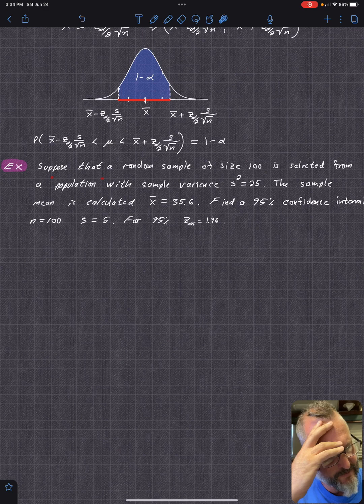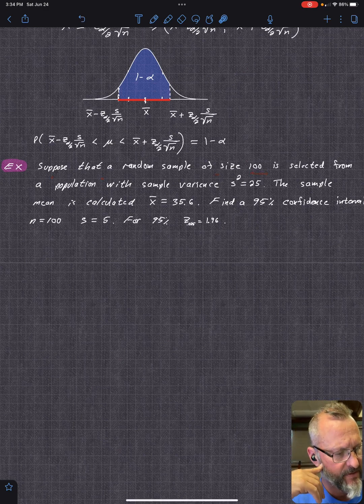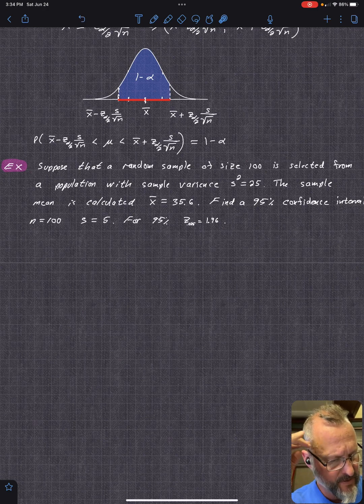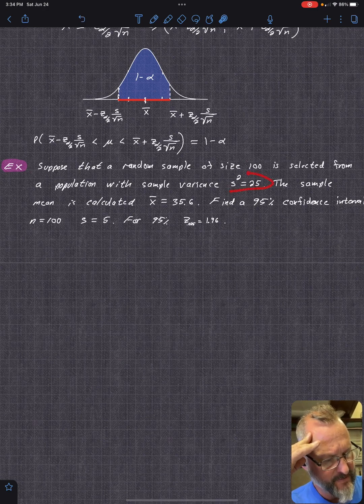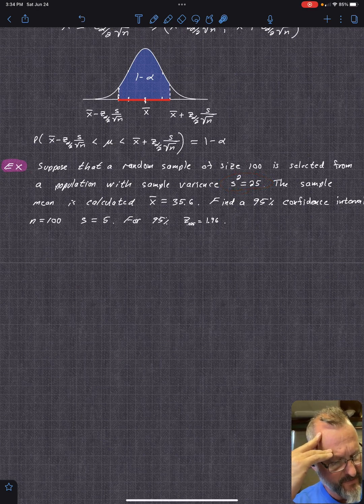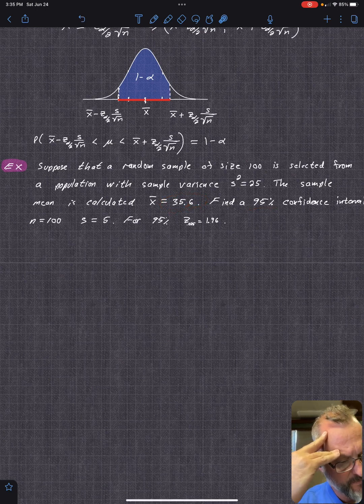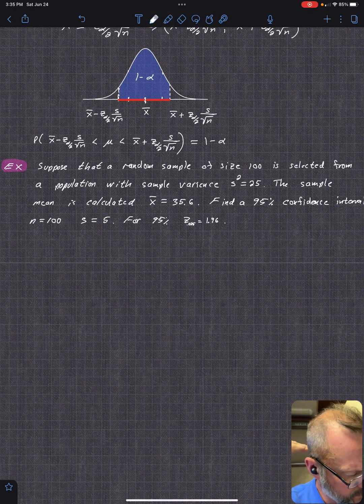Suppose that a random sample of size 100, this is a generic question, nothing specific, but you get 100 of anything you want, is selected from a population. The sample variance S squared is 25. The sample mean is calculated to be 35.6. Find a 95% confidence interval.